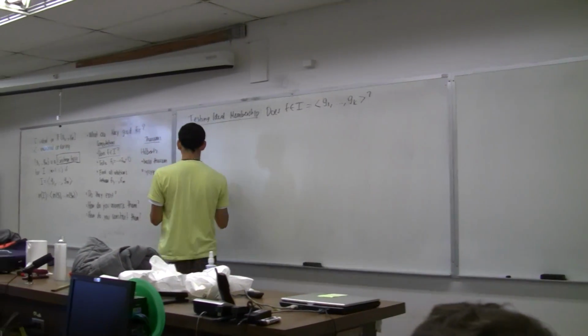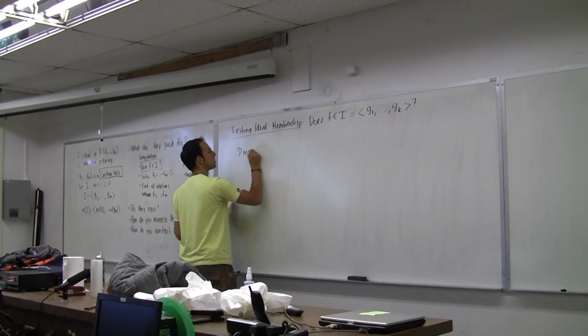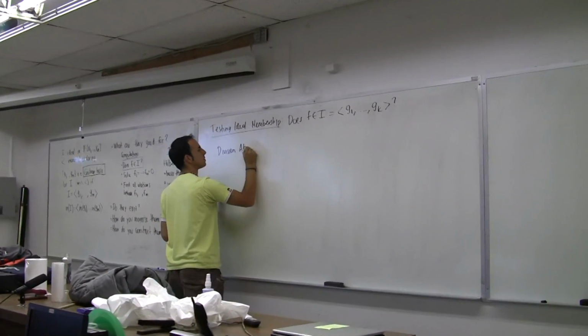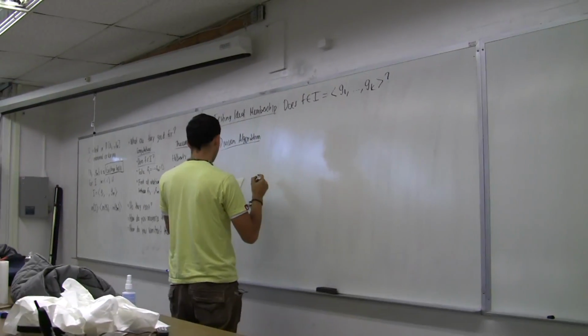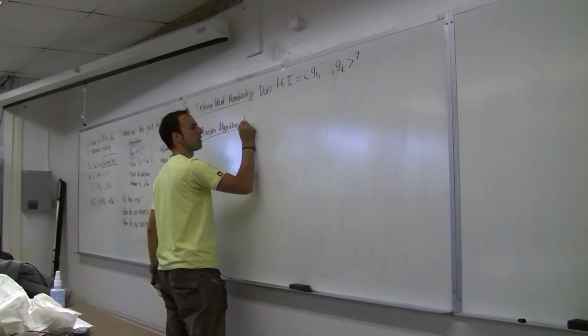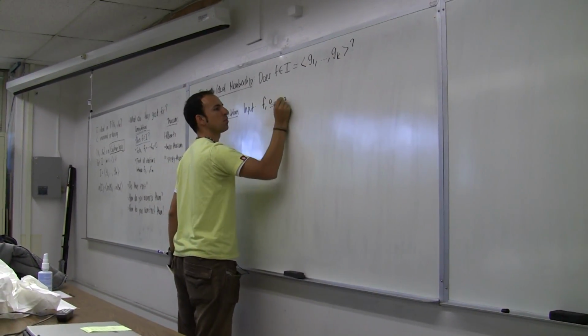This is something called the division method. So the input is f and g1, g2, up to gk.